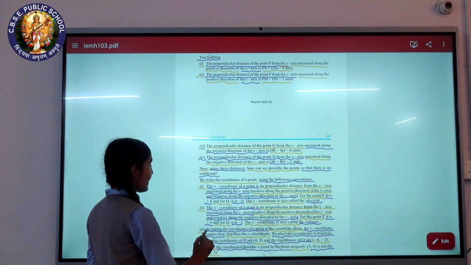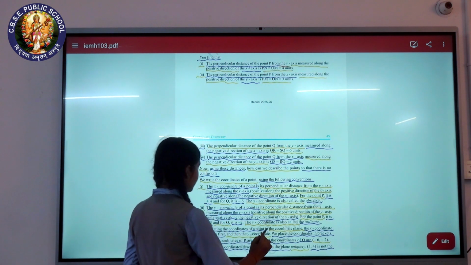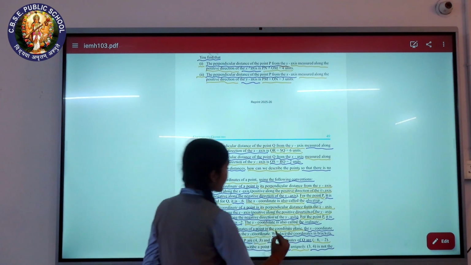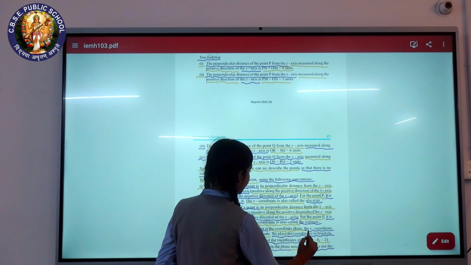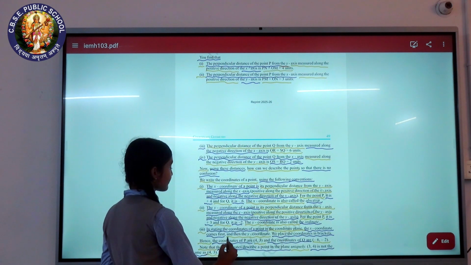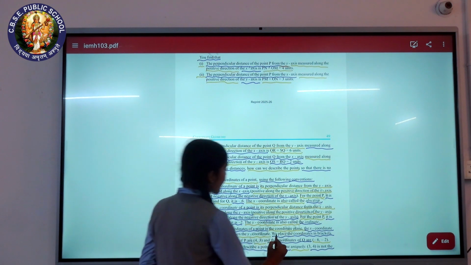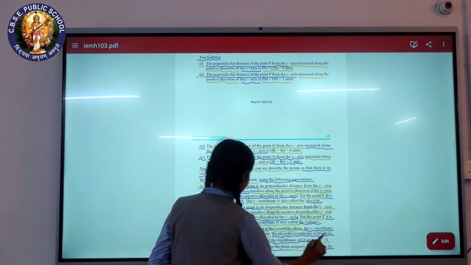Third, in stating the coordinates of a point in the coordinate plane, the x coordinate comes first and then the y coordinate. We place the coordinates in brackets.